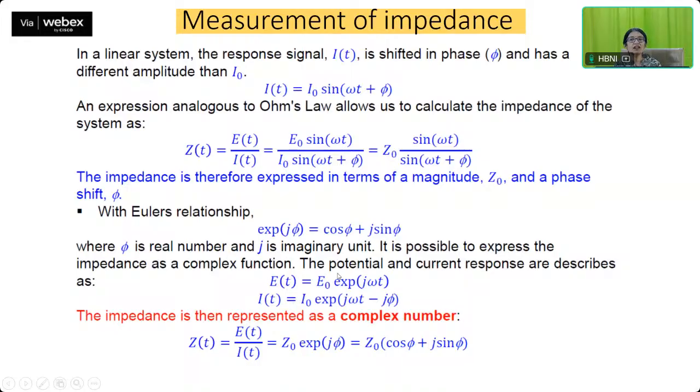So the potential and current response are described as E(t) = E0 exp(jωt), and I(t) = I0 exp(jωt − jφ). So impedance is then represented as a complex number. So this Z(t) is nothing but Z0 (cos φ + j sin φ). So when you look into the slides later on, it will become much easier if you are solving it out on paper.